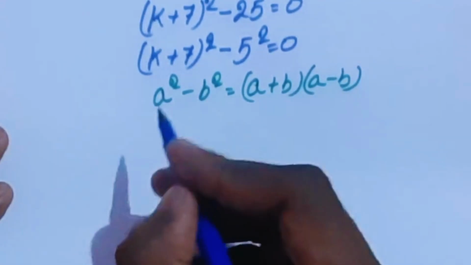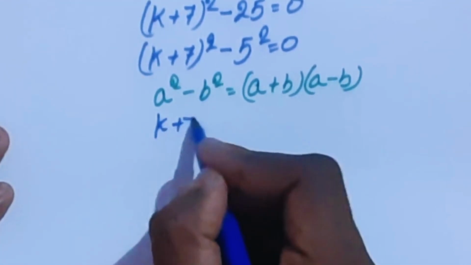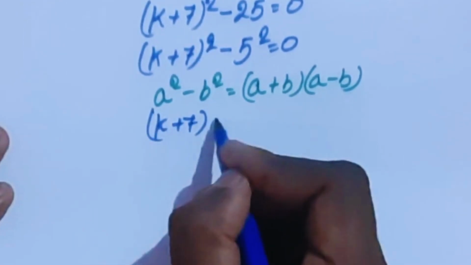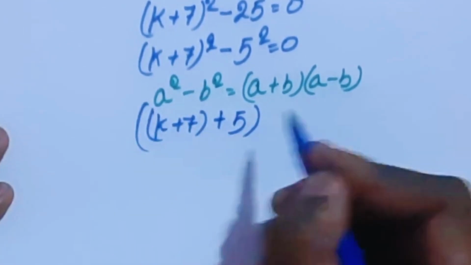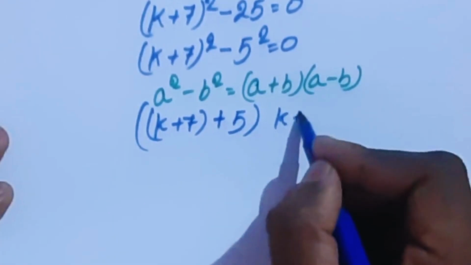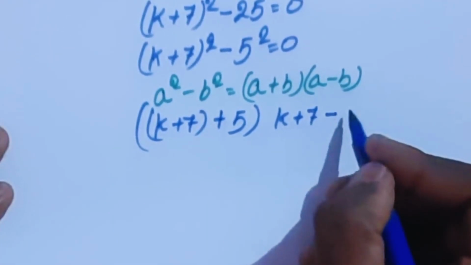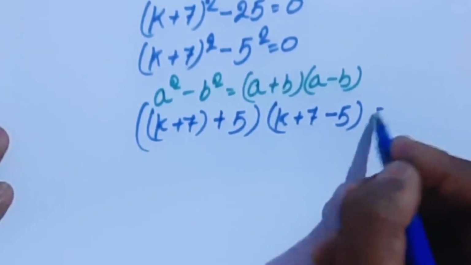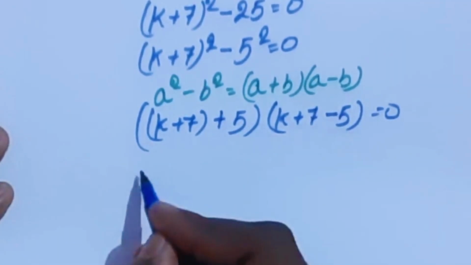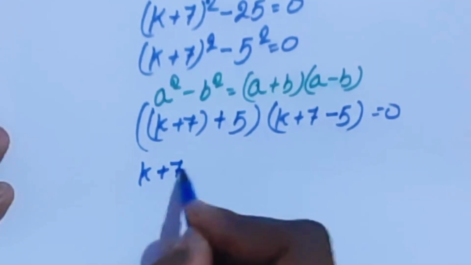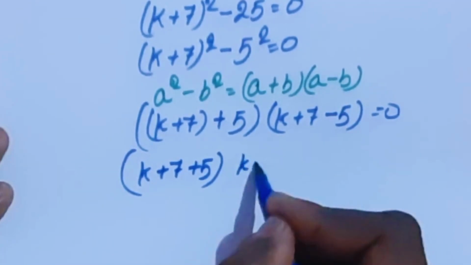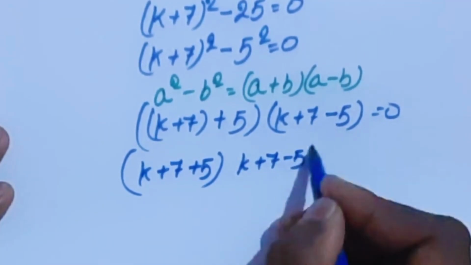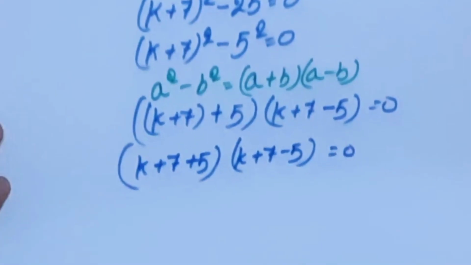So we'll get here (k plus 7 plus 5)(k plus 7 minus 5) equal to 0.